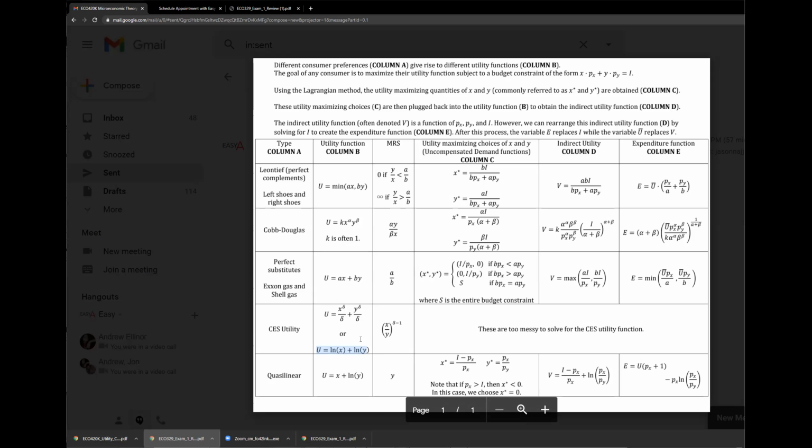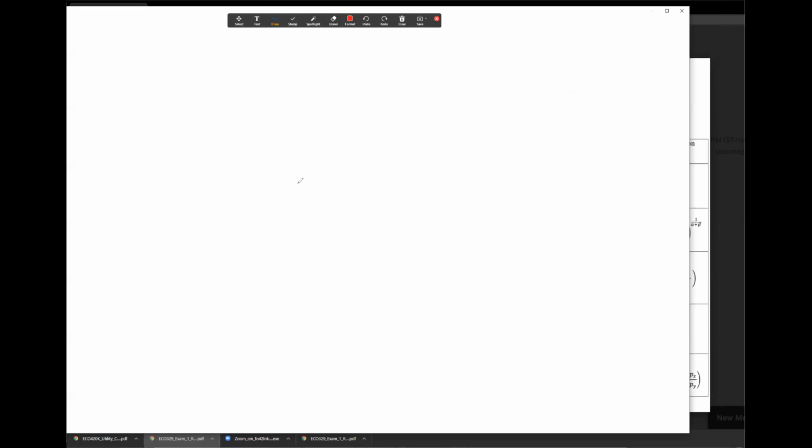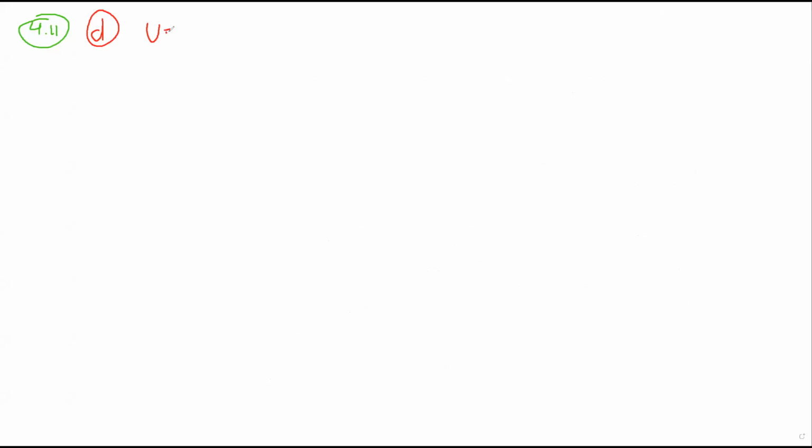Let's jump back to the whiteboard, and we'll say u equals ln of x plus ln of y, and we will derive the utility maximizing values of x and y using the MRS equals price ratio method.